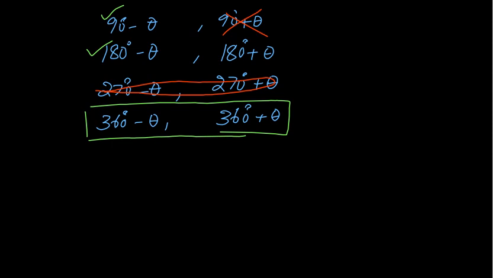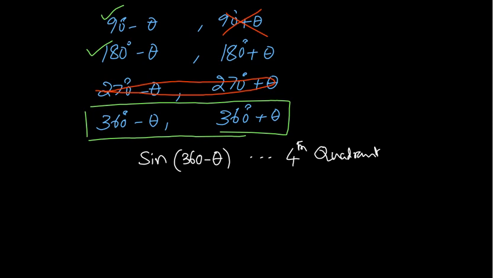Find 360 minus theta. It will be in the fourth quadrant, because you are not going to 360, but you are subtracting something from there. So it's in the fourth quadrant.